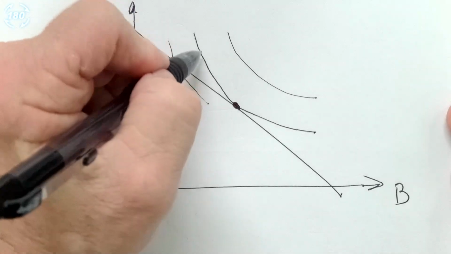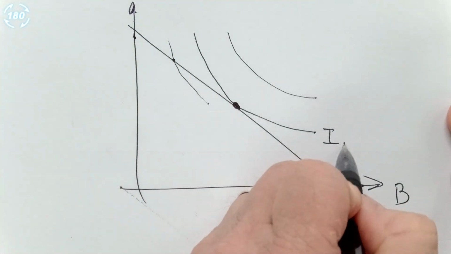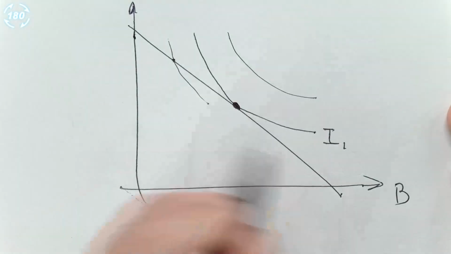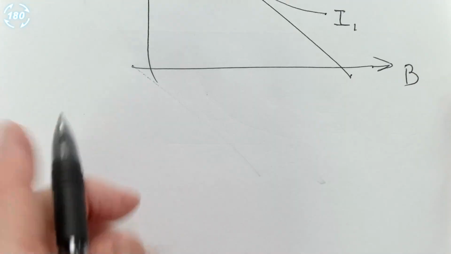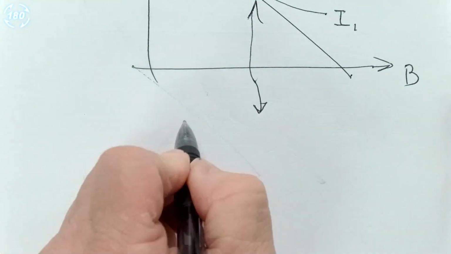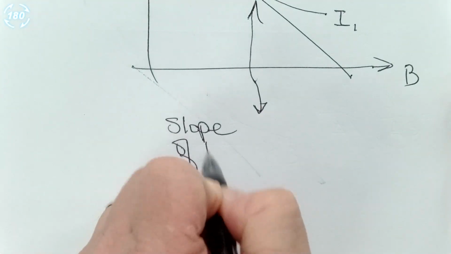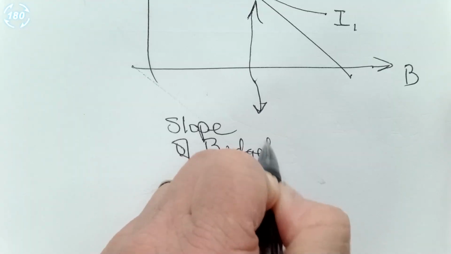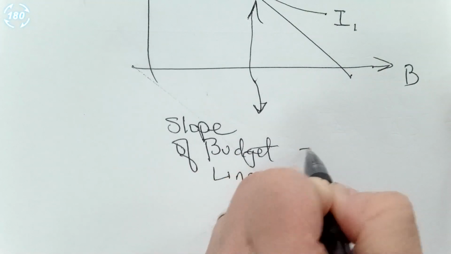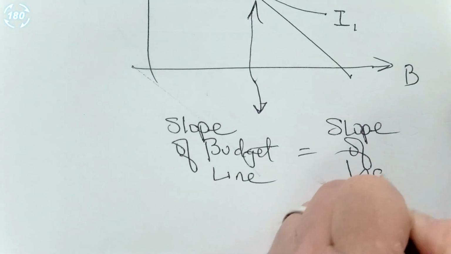Okay, the slope of the indifference curve is equal to the slope of the budget line. This point right here would say that the slope of the budget line equals the slope of the indifference curve.